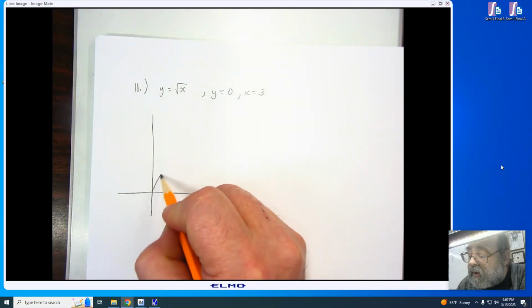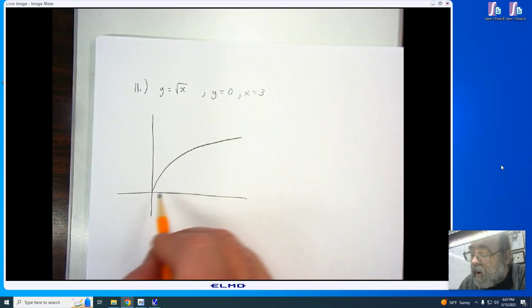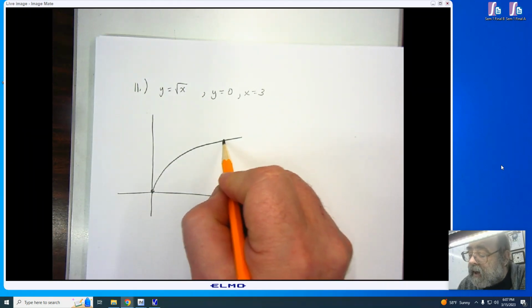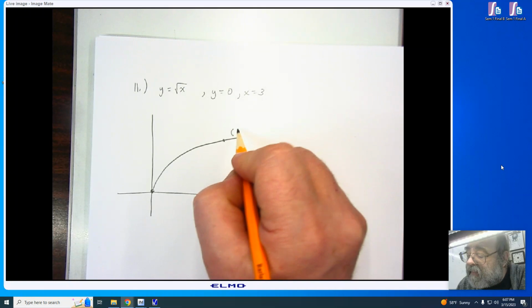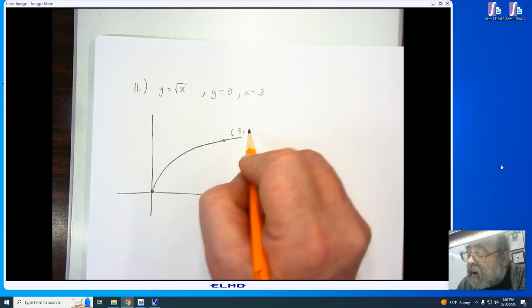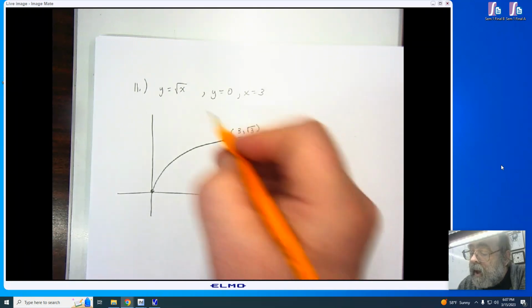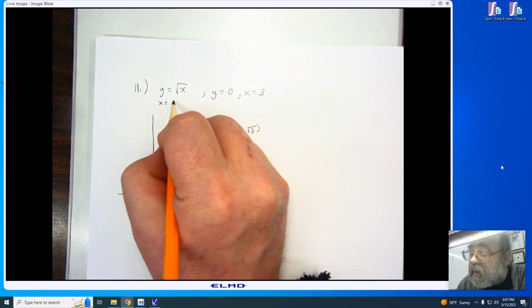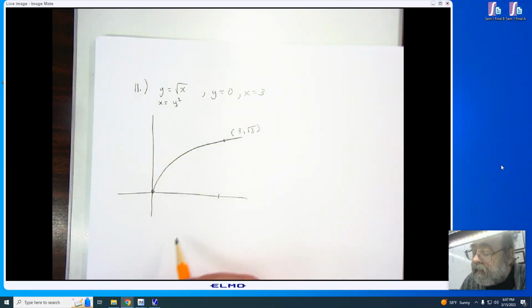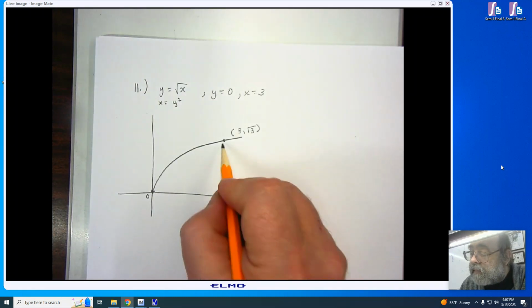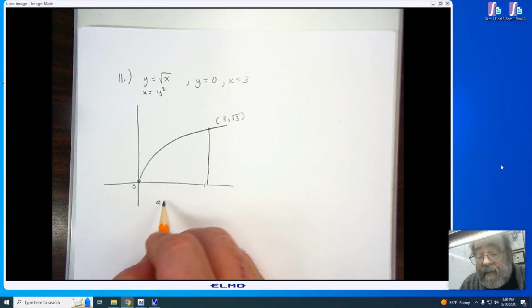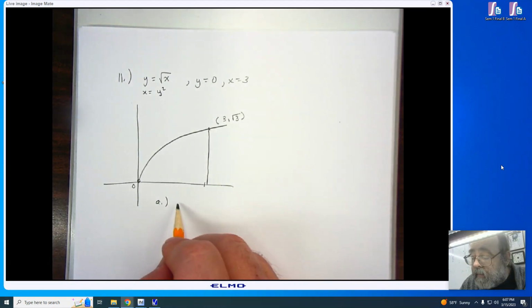We're going from x equaling 0 to x equaling 3. This is going to give me the point 3 comma root 3, and this is also x equals y squared, starting at 0.